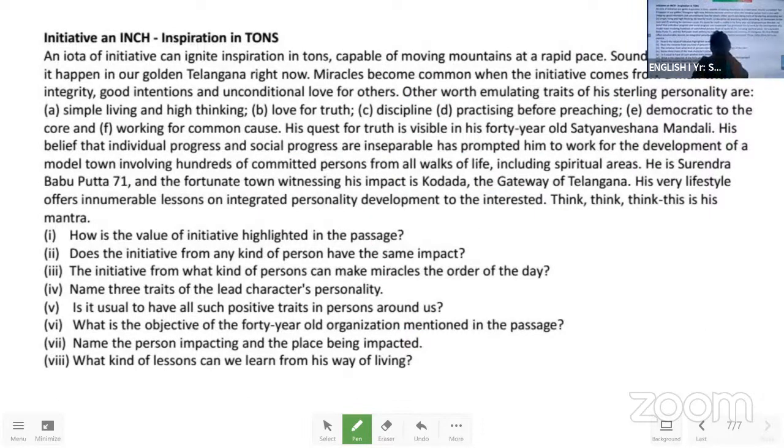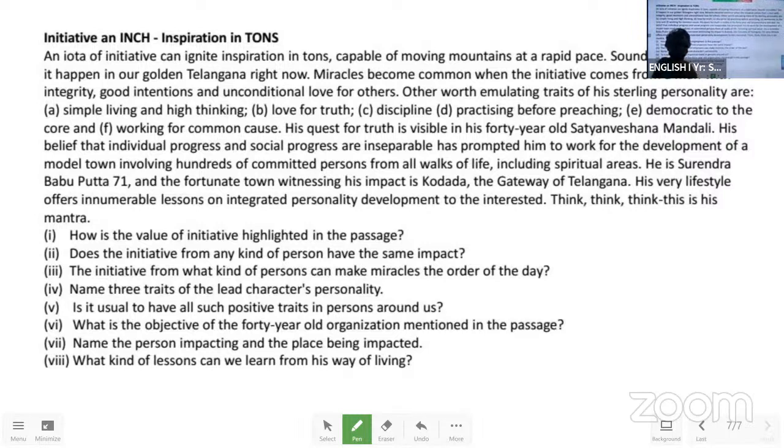His belief that individual progress and social progress are inseparable has prompted him to work for the development of a model town involving hundreds of committed persons from all walks of life, including spiritual areas.